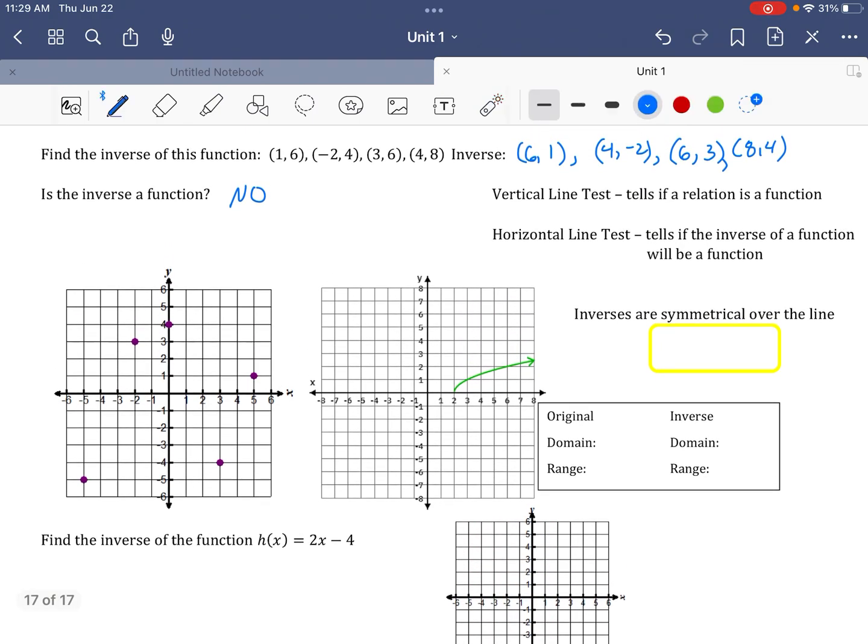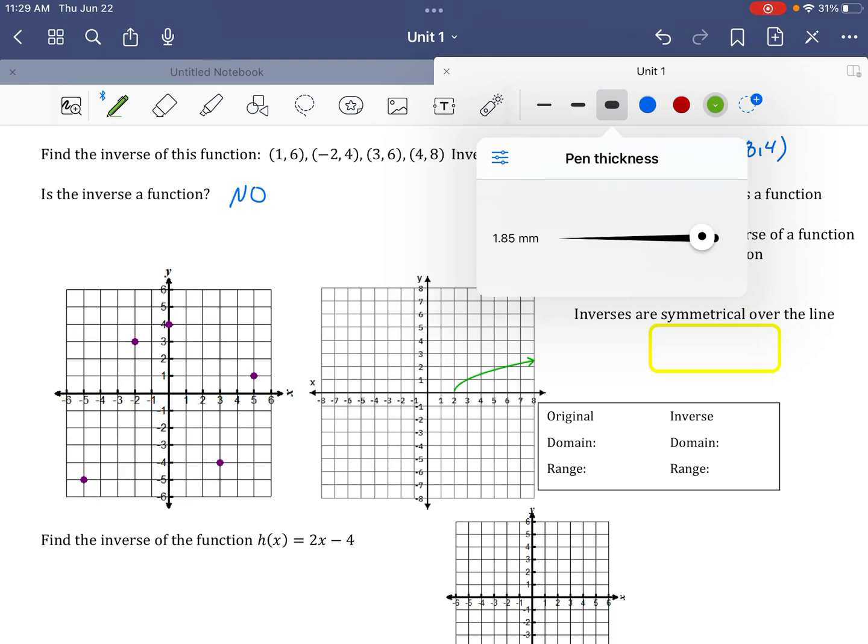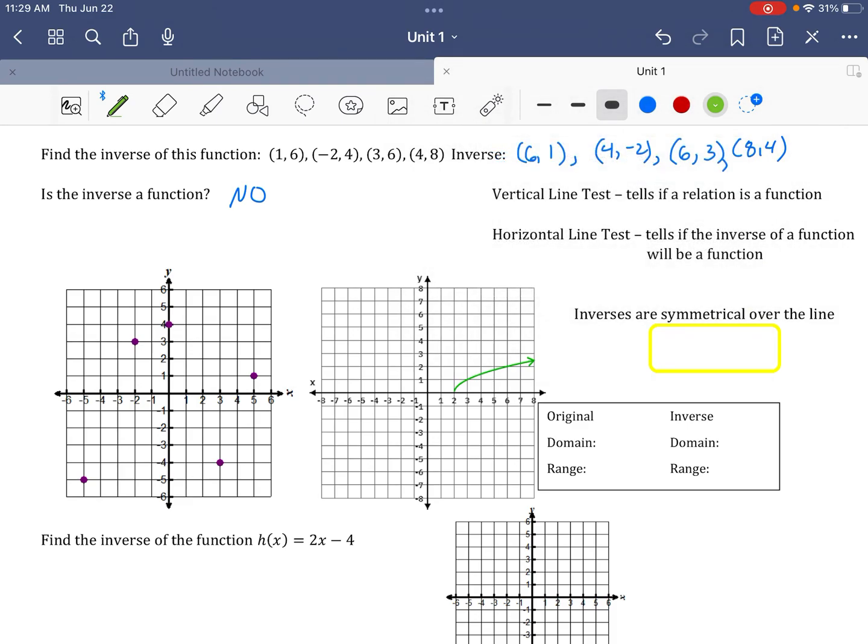Okay, all right, so we are going to do the inverse of this function here. So let me make this kind of big. Let's see, -5, -5 would stay in the same place when I switch it. Then -2, 3, this point right here, would be 3, -2.